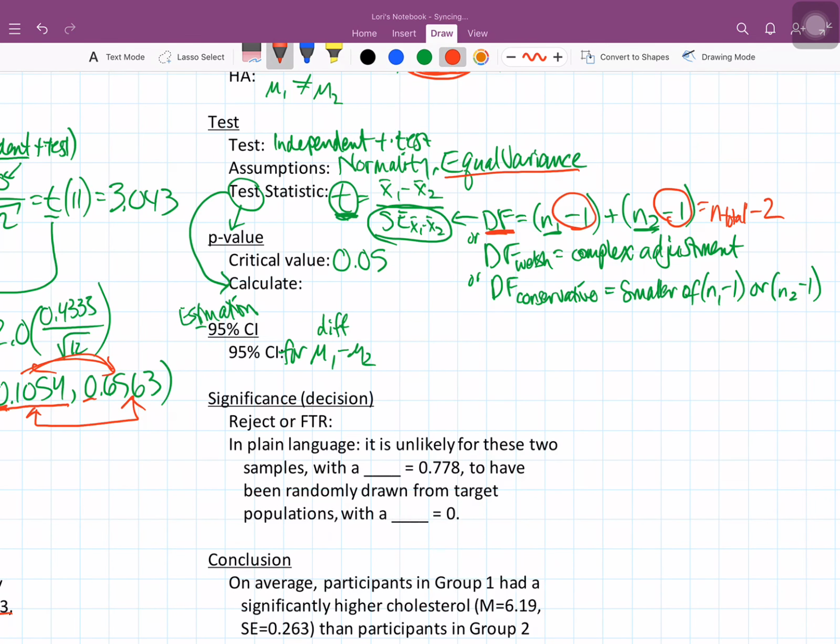The equation for that is the 95% confidence interval for the difference is equal to x bar 1 minus x bar 2, and we've seen that before, plus or minus whatever t statistic goes with that particular degrees of freedom, times the standard error of x bar 1 minus x bar 2.